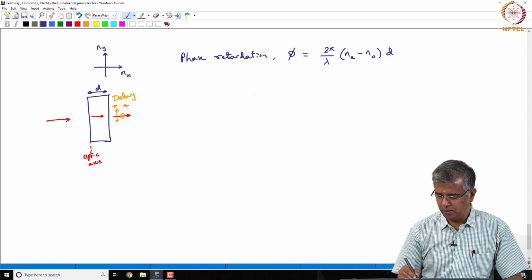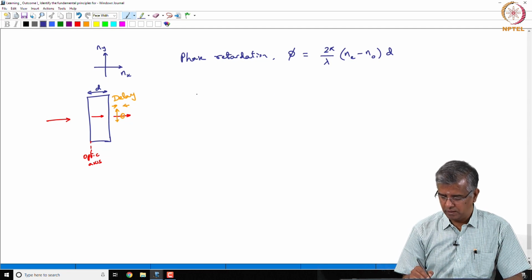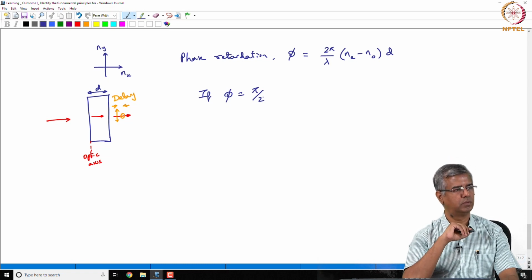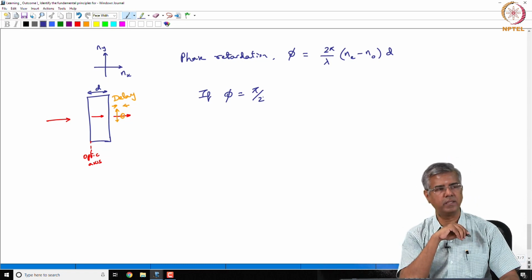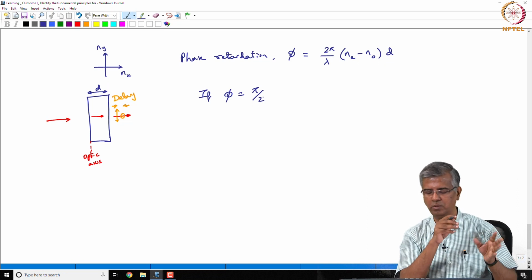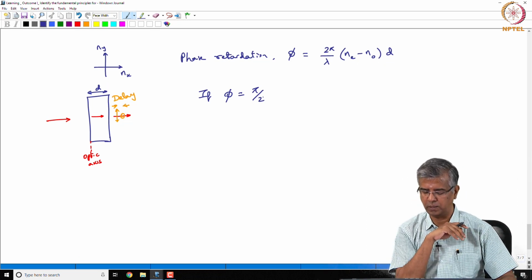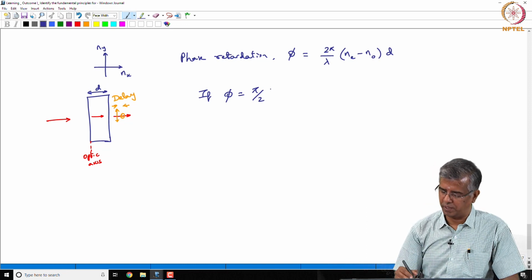So, for example, you can design it such that phi equals pi by 2. That is one thing that you can implement. So, you cut the crystal with a particular thickness such that phi equals pi by 2.